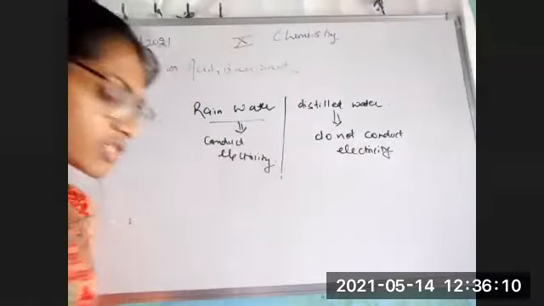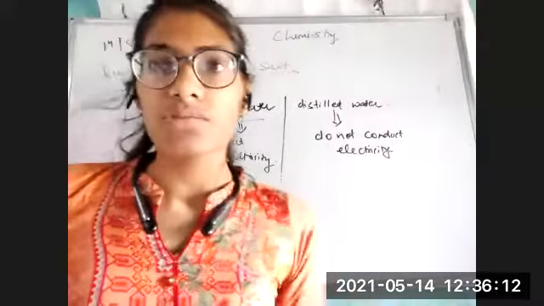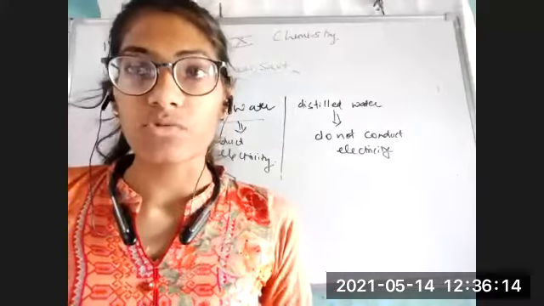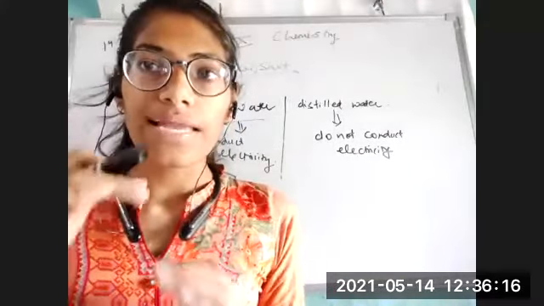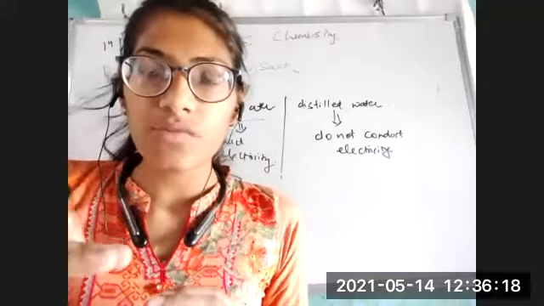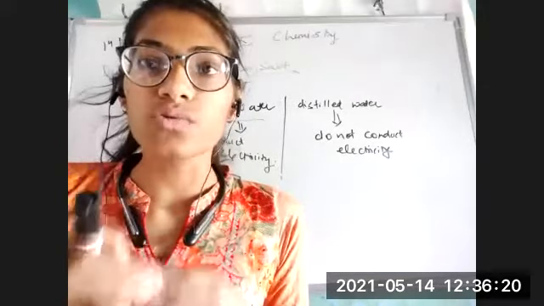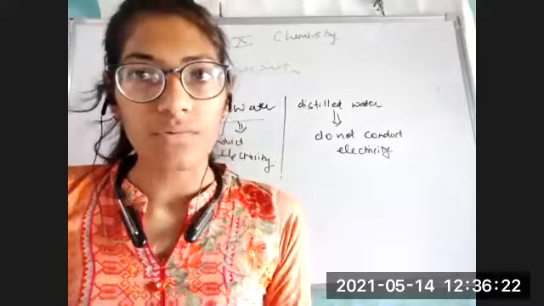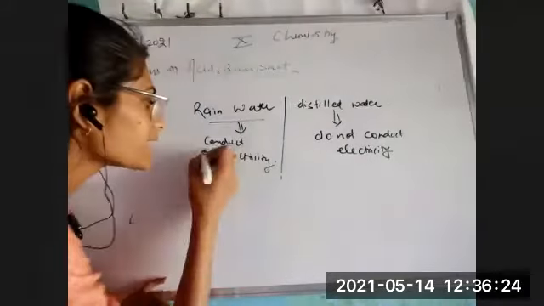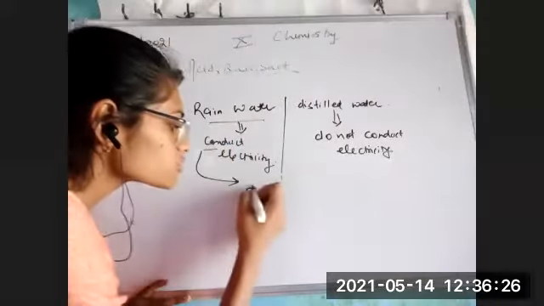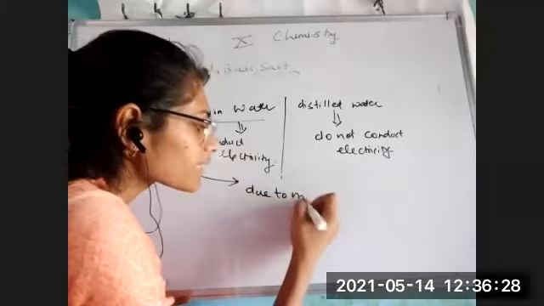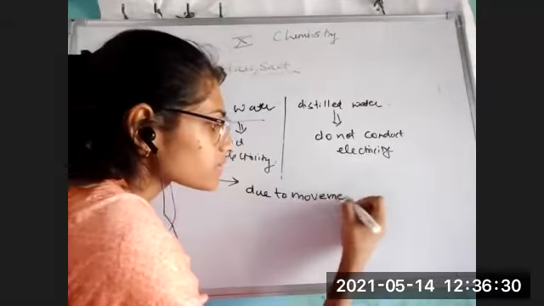Okay, so you have remembered that whenever I was completing this particular chapter with you, I told you the conductance of electricity is only due to movement of electrons. I'm again repeating, the conductance of electricity is due to movement of electrons or ions.